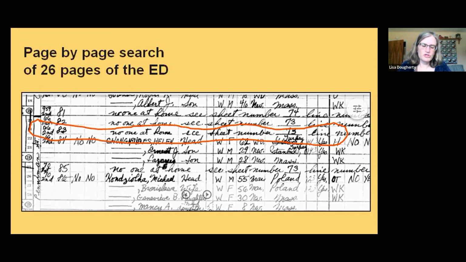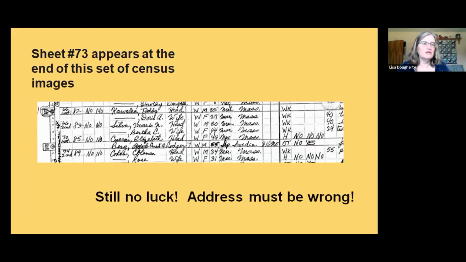Usually what happens is they will insert those supplemental sheets at the end of the ED. So when you get up to page 25 or 26, those are going to be the supplemental sheets, the sheets that record the people that were not home. So I fast forwarded a few pages to the last page, to sheet 73, and I found 83 Penniman Street.